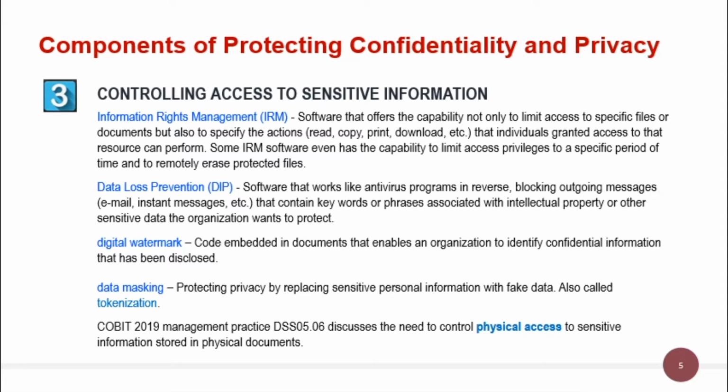And then for management practice, the AIS discusses the need for control in physical access.